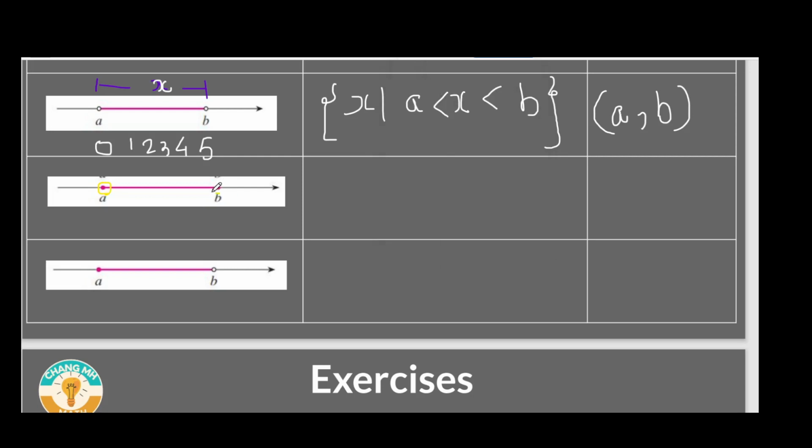So which means that we need to consider the values of A and B. Let's write it: the set of X such that X lies between A and B. We know that as X lies to the left of B, it is surely less than B but greater than A. As it's shaded, we have to put the equal sign, which means that we need to consider both A and B. So in notation, it will be square bracket A comma B, which is a closed interval.